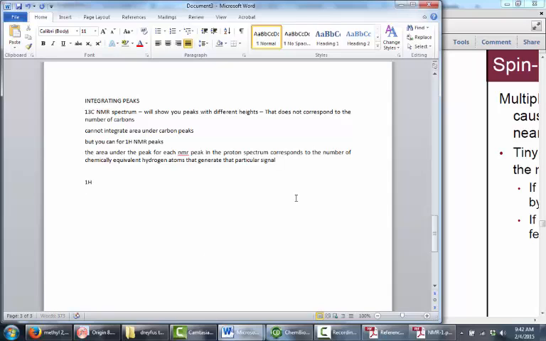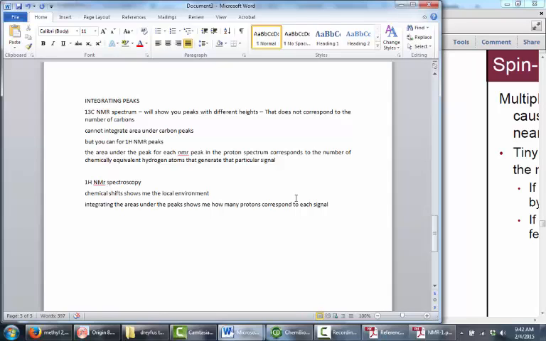So let's review this. So far from NMR spectroscopy, we've seen that chemical shift shows me the local environment, and integrating the areas under the peaks shows me how many protons correspond to each signal.